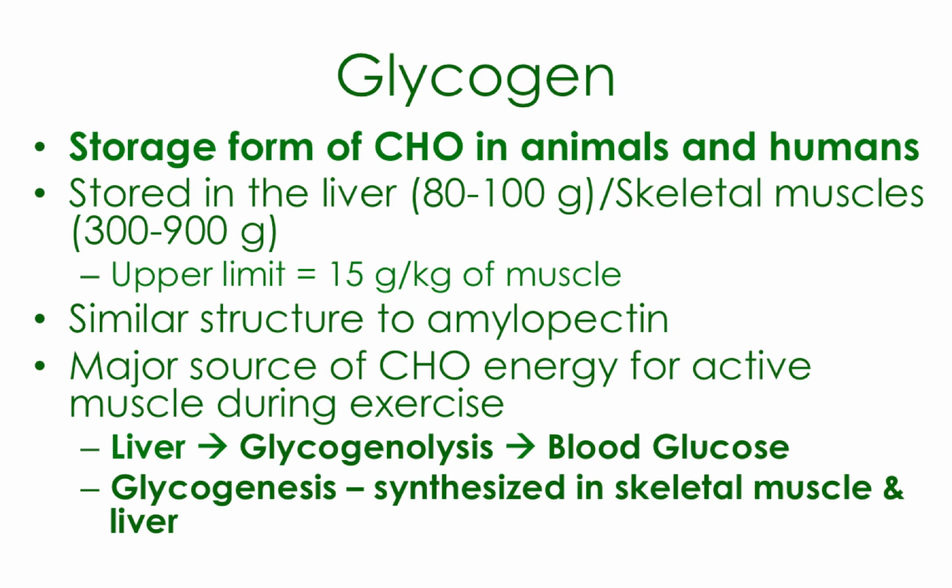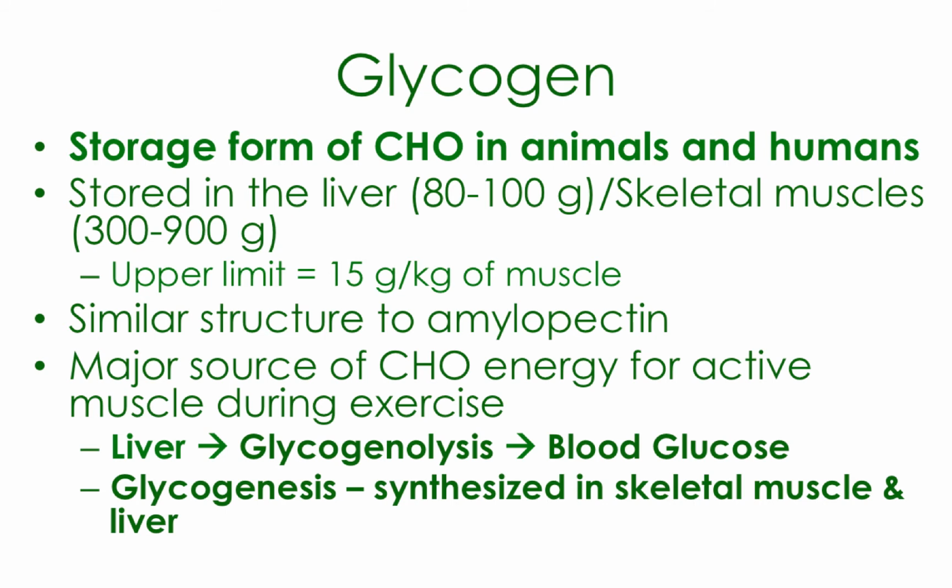Okay. Now, I like to talk about glycogen. Pretty cool topic. That's because we produce it in the body. So animals and humans, or if you think of humans and animals, that's fine too. We can of course produce carbohydrate, glucose, and we also can store it.